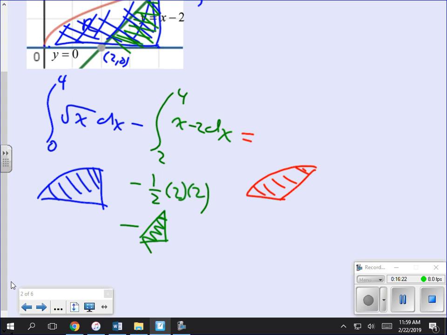That's what you get, and that would be 10/3. Okay. One way of tackling that problem: an integral minus either another integral or a triangle area, either one would work for your second part. Big piece minus the little piece. One way to do it.